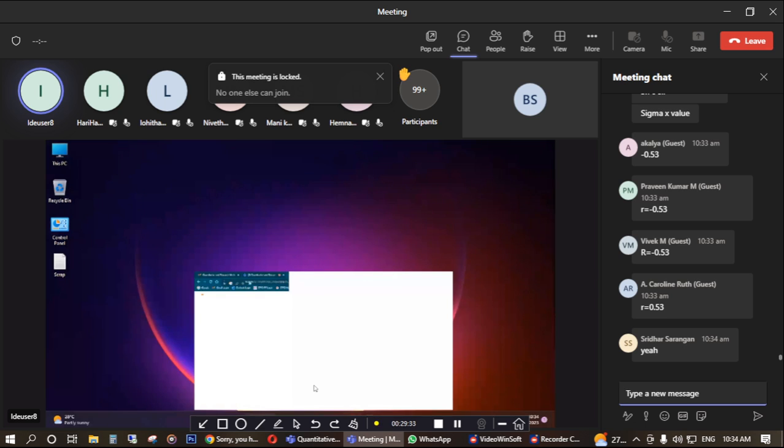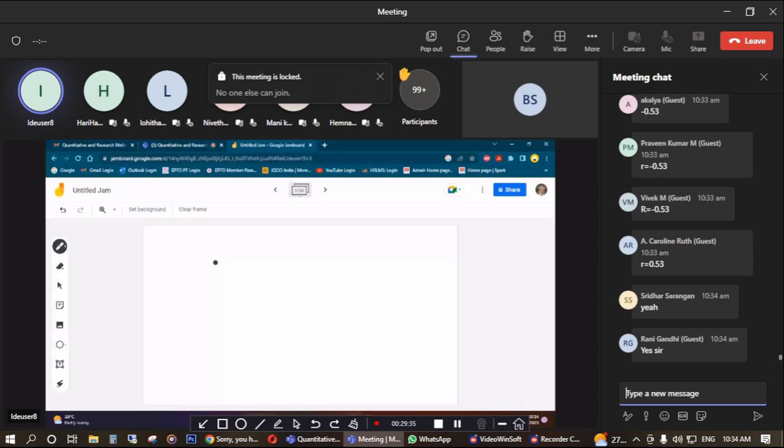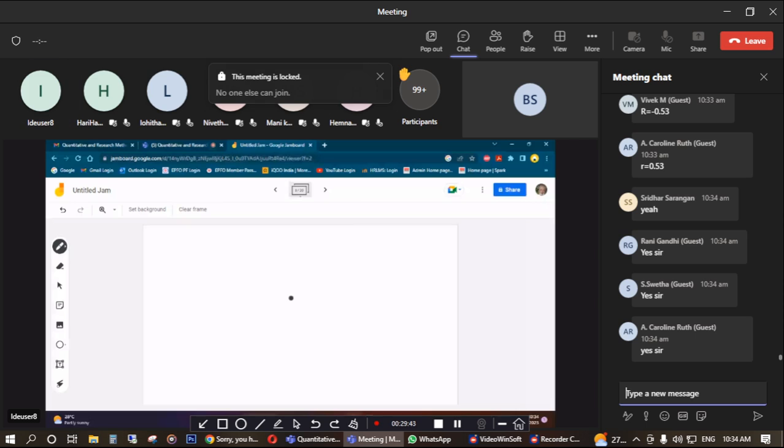Do you understand? So now I got all the values. R is minus 0.52. What is the value of sigma x? 3.84.